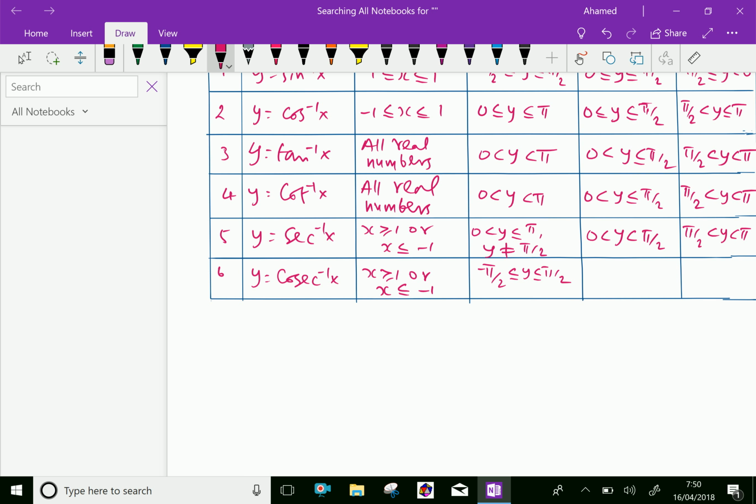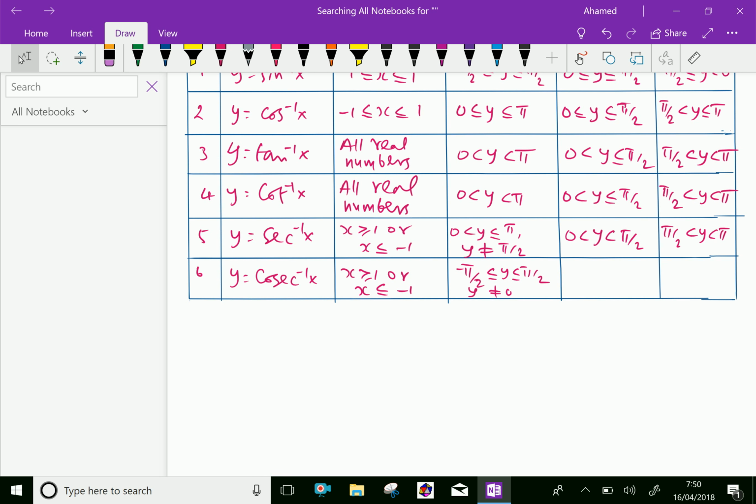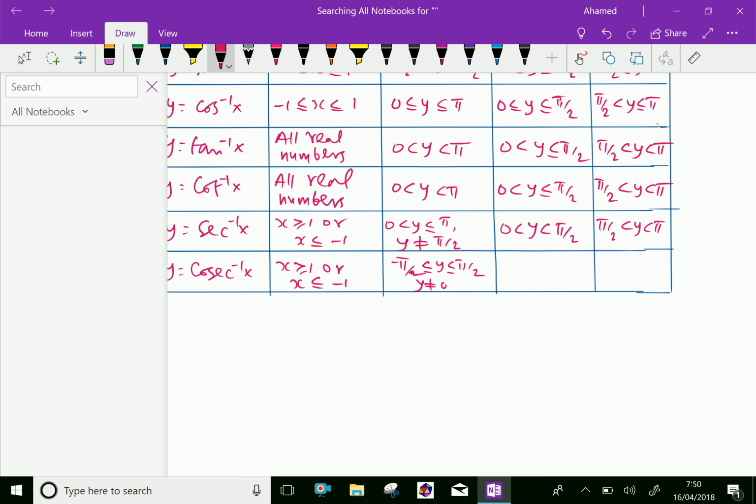The condition y is not equal to 0. Here 0 to y lesser or equal to pi by 2. Here minus pi by 2 lesser or equal y lesser than 0. So we have done.